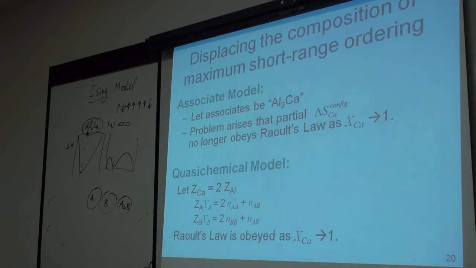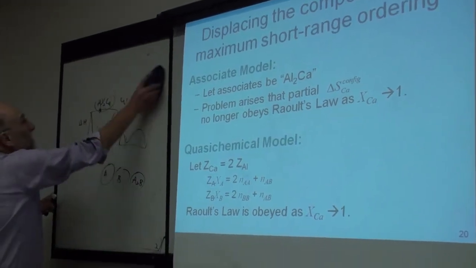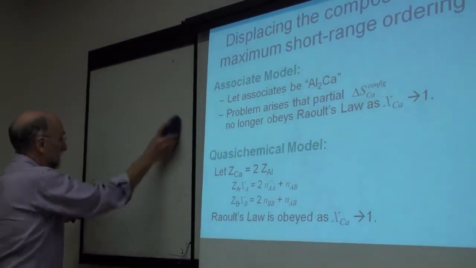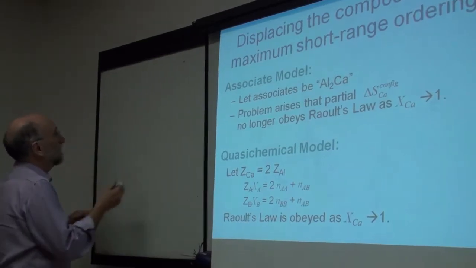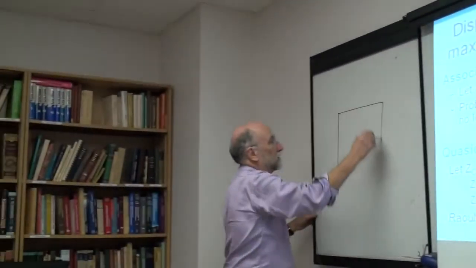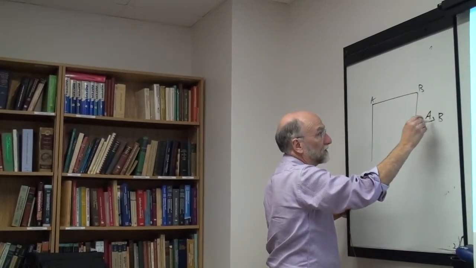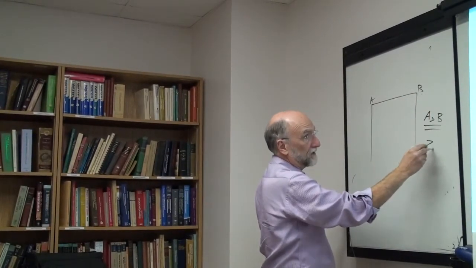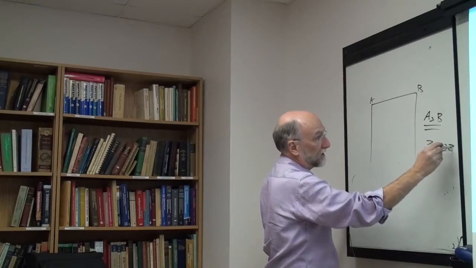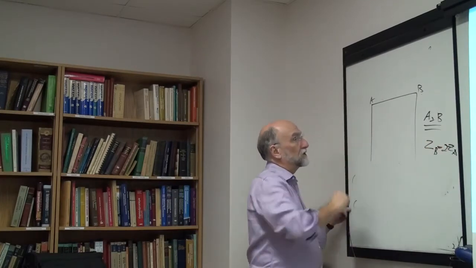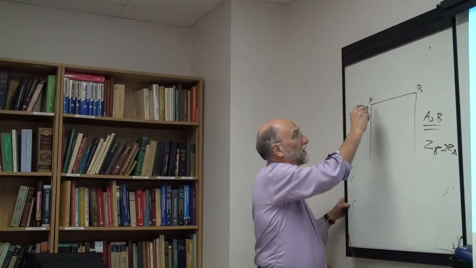I didn't show this here, but what's going to happen? Say we have a heat of mixing for AB and we have A2B, so we have ZB equals 2ZA. What's going to happen when omega is very negative?